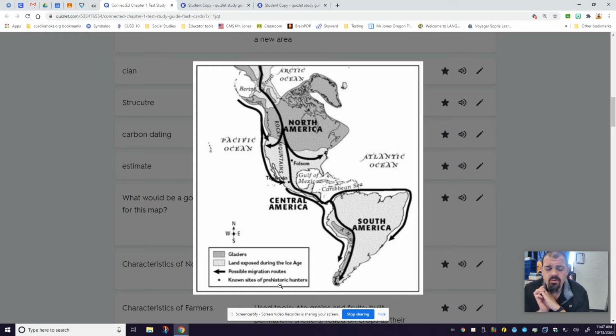So you want to have two things in your answer to this. Who's doing the action in the map, and what are they doing? So your answer should be something like prehistoric migration routes, migration of early people, early nomad migration routes, or migration of early nomads, how early people got to North and South America.